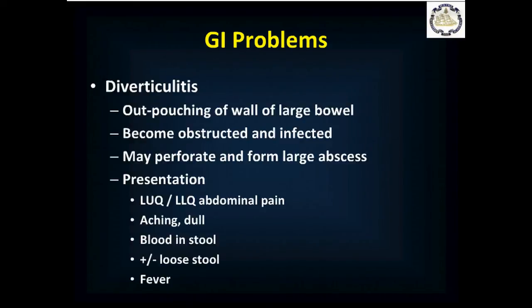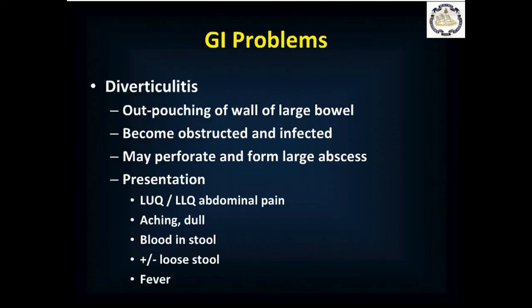Now, diverticulitis is another problem that's in some ways kind of like appendicitis in terms of what happens. We used to think of this as a disease of people over 40 and really over 50, but now, thanks to the very unhealthy American diet, which causes a lot of constipation, we actually see this in patients as young as their late teens and early 20s.